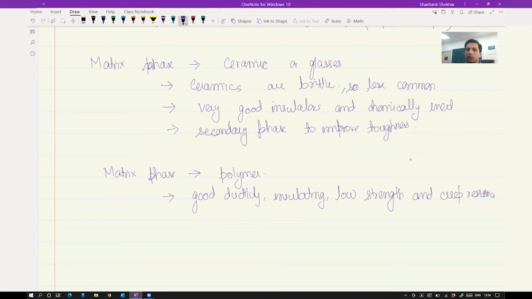Here the reinforcement is the aluminum or the copper wire, whatever is being used for the conductivity, while polymer is being used for insulation, and at the same time it is also providing the ductility during the formation, and the load is actually also being taken by the polymer. So in that way you are able to reduce the overall amount of aluminum or copper that you have to use, and thereby you reduce the cost.